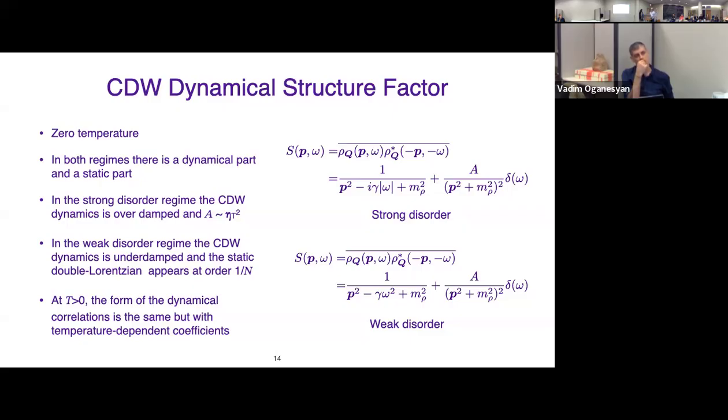And then the part that has propagation is different for the strong disorder and the weak disorder. And again, this coefficient A is of order one. In the weak disorder regime, this is another limit of the structure factor. P is measured from Q, and P is a small deviation.